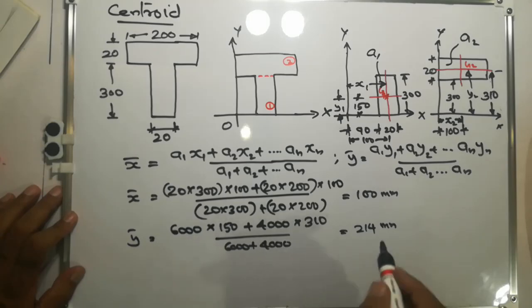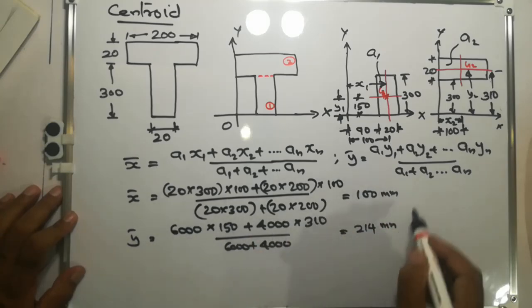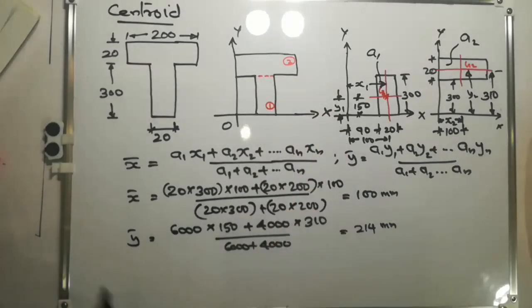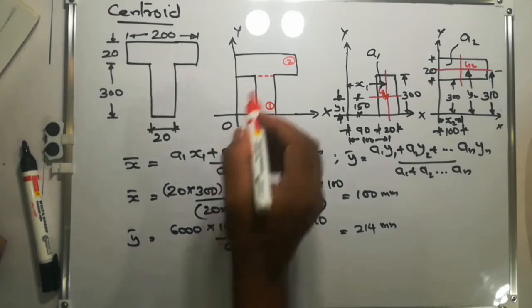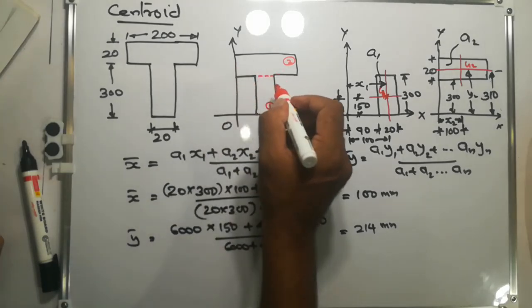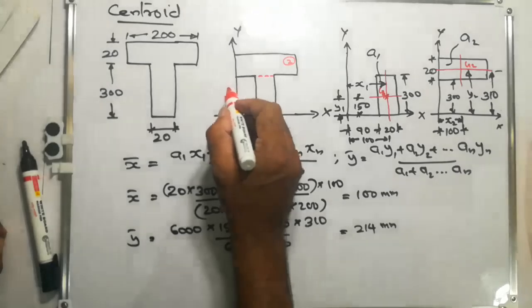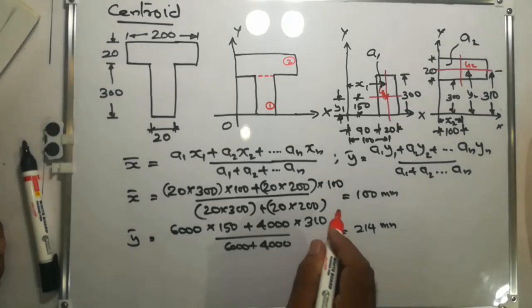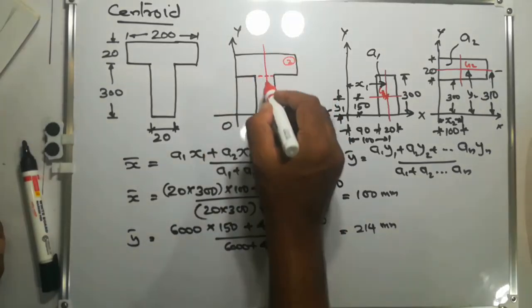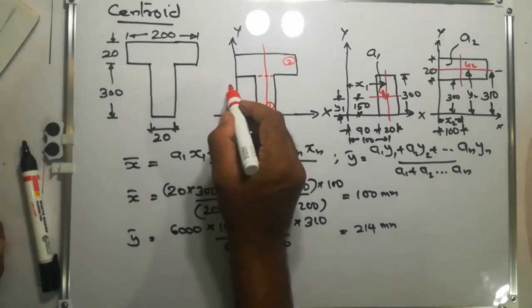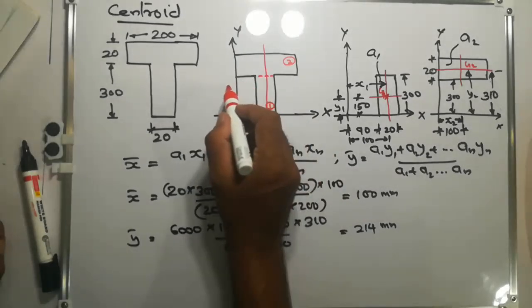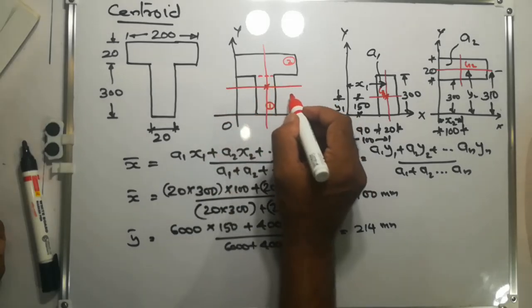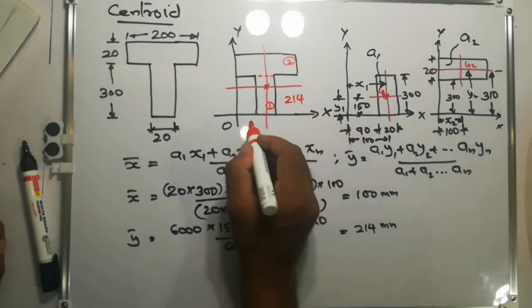Okay, so these are the centroidal distances from the reference axis. So the centroid will be around here, with x bar like this, and it will be around here. So this is 214 and this is 100.